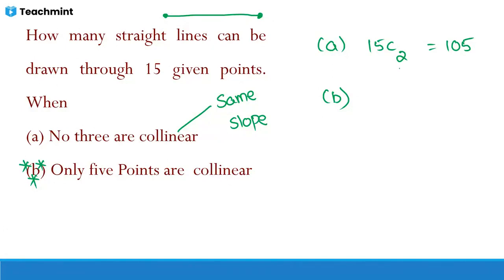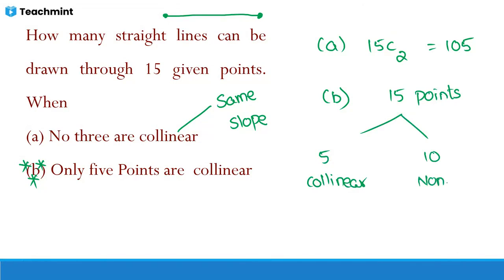Now the second question: among 15 points, 5 points are collinear, in the sense 10 are non-collinear. 5 collinear and 10 non-collinear.